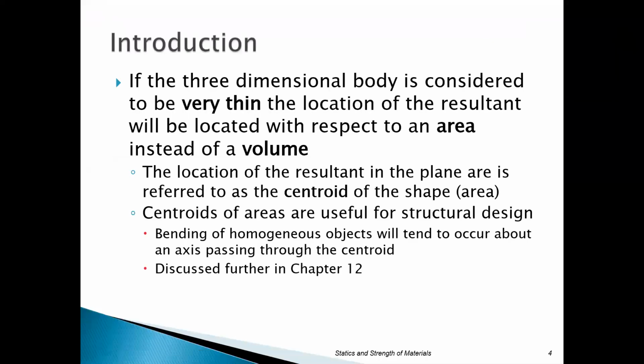So that's why we're saying bending in a homogeneous object will tend to occur about that axis that passes through the centroid, and that's what I was just trying to explain there. We're going to get into that more when we get into chapter 12 as we see beam design. So that'll be an important concept. So centroids, we're going to learn how to do them here, but you're going to be utilizing them a lot more as we get into other things in the strength of materials section.